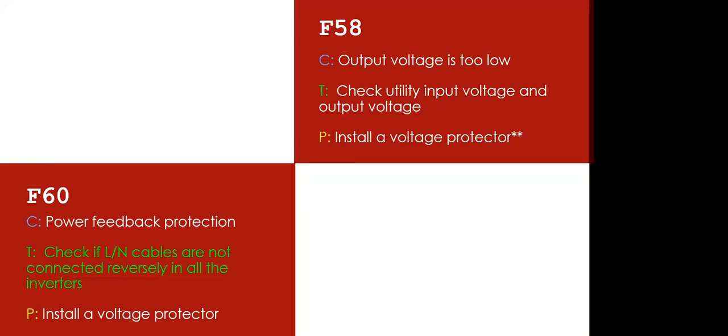F58, F08, and F06, they are just like reverse case. F58 means that the output voltage is too low. The same section that is affected on F58, on F08 and F06, is the same section that gets affected as well.